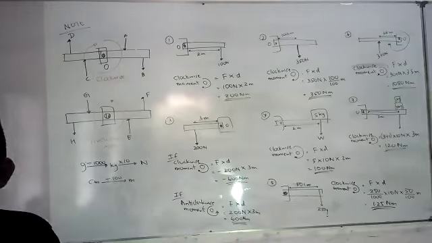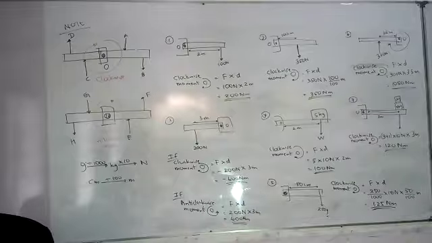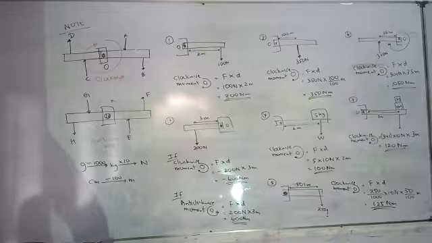It's not 1,650, it's 1,050. Where did that 6 come from? What is that 1,650? Right. We move to the next one.